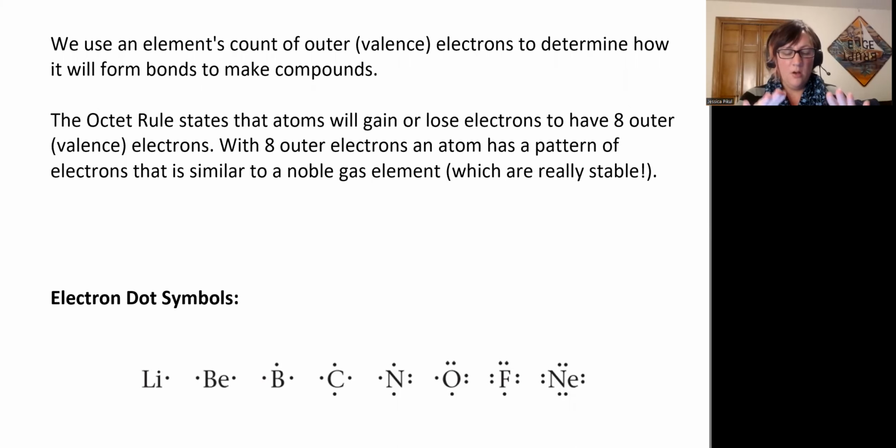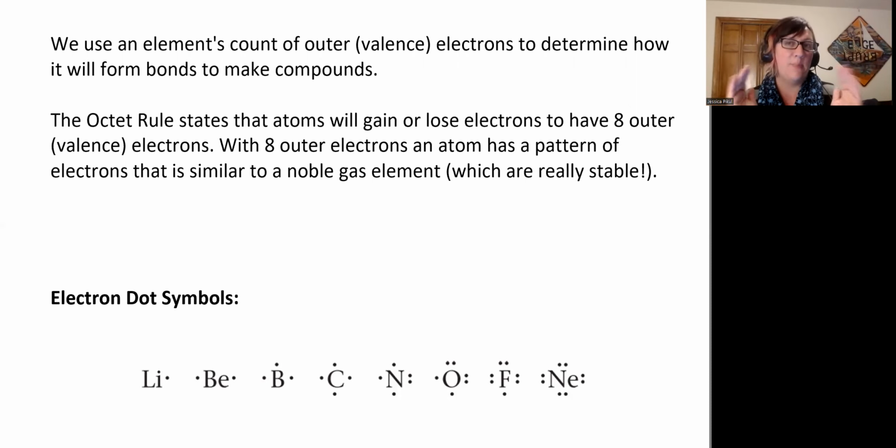So we know that elements' outer electrons determine their behavior based on the number that they have. And we also know that the noble gases have 8 outer electrons, and they're inert. Once we hit that 8, we don't have a 9th outer electron.